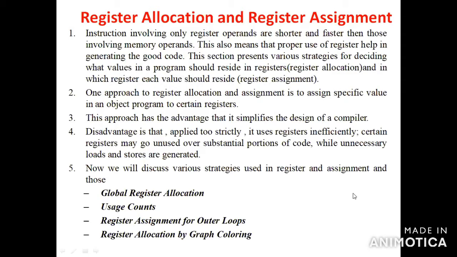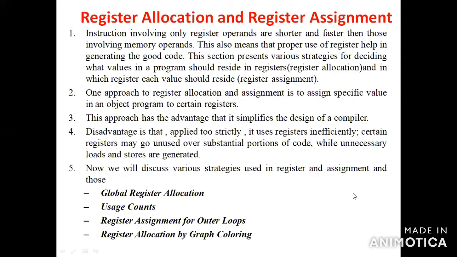The disadvantage is that the registers are used inefficiently, so certain registers may go unused over a substantial portion of the code. So the advantage is that it simplifies the design of the compiler, and the disadvantage is that it uses registers inefficiently, leaving them unused over a substantial portion of the code we have to generate.